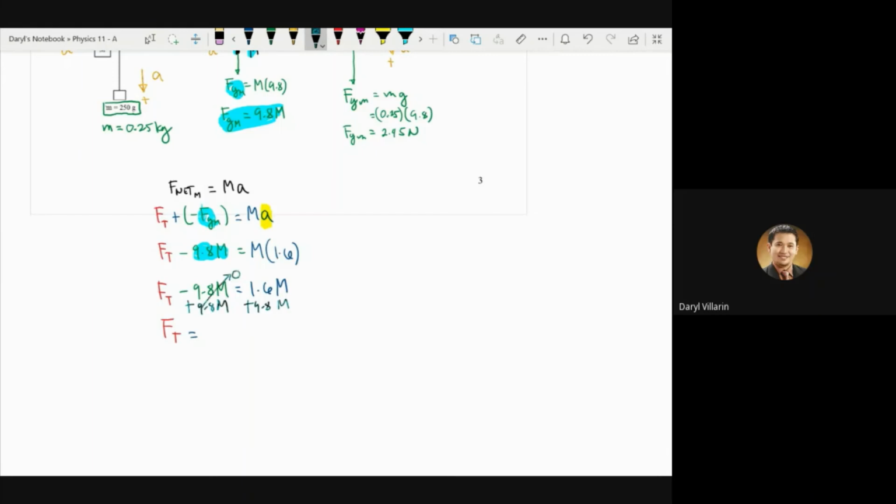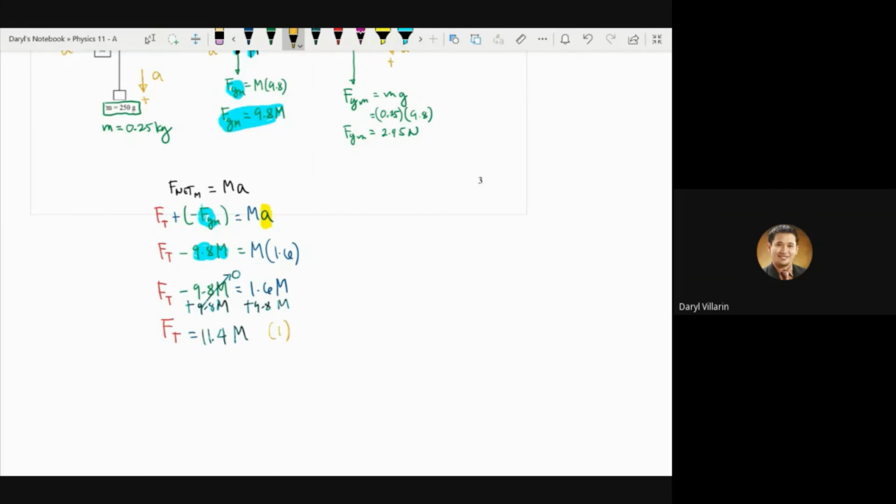Similar terms can be added. So that should give me 11.4 capital M. So Ft, from my first object, I get the expression for my Ft equivalent to 11.4 times capital M. And again, this would be my first equation.